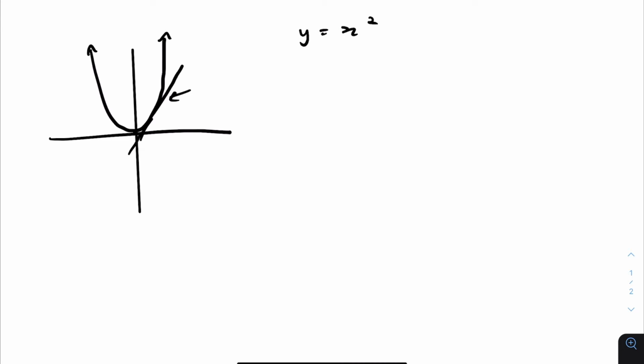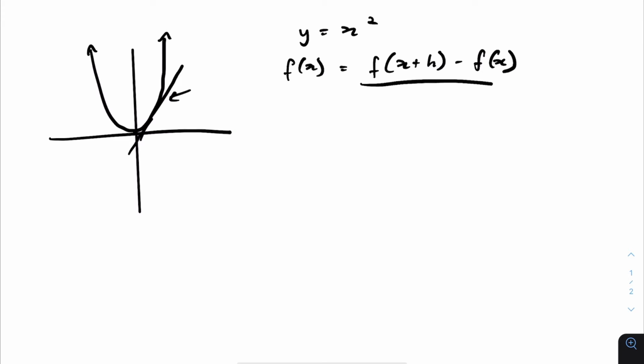So if you're looking at y equals x squared, all we need to do to find this rate is use first principles, which is that with f of x, we write f of x plus h minus f of x, over h.